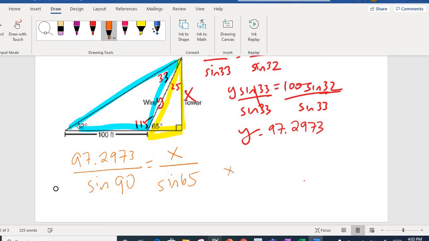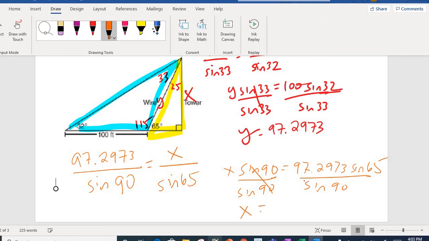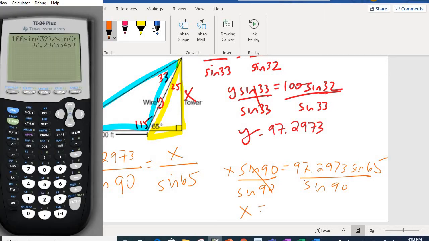So it's going to be x sine 90 is equal to 97.2973 sine 65. We'll divide by the sine of 90. All right, so here we go. I'm going to hit up, enter, so I get that number. I'm going to multiply that times the sine of 65, and then divide that by the sine of 90.